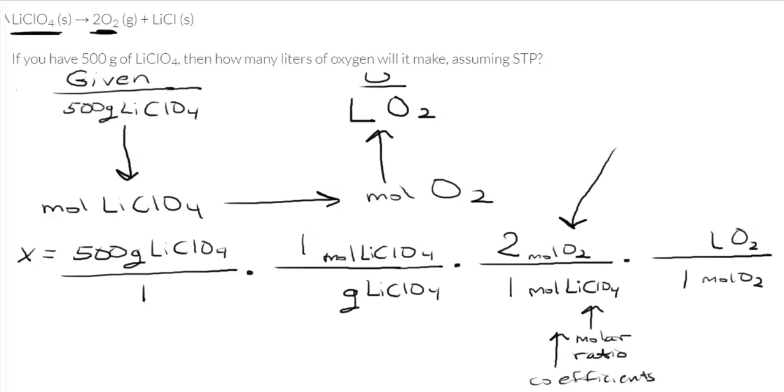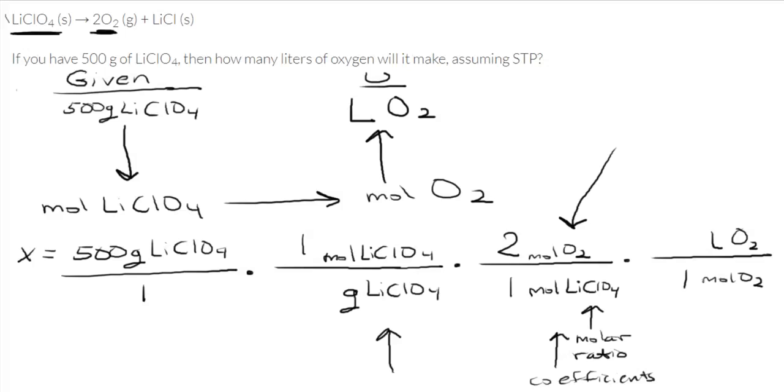And so the next thing I have to do is figure out how much lithium perchlorate weighs. So I'm going to look at my periodic table, and I'm going to add up the weight of 1 lithium, 1 chlorine, and 4 oxygens. So 1 lithium is 6.94 plus a chlorine, which is 35.45, plus 4 oxygens.